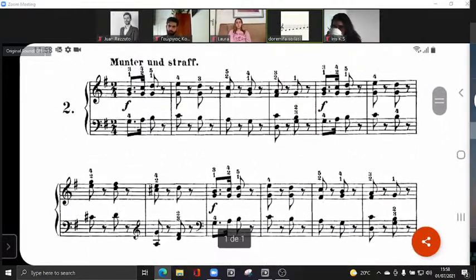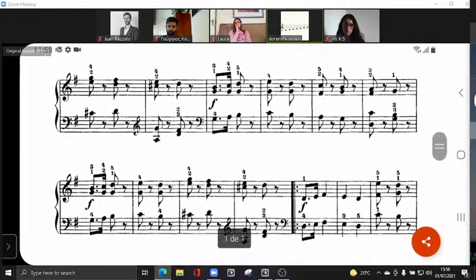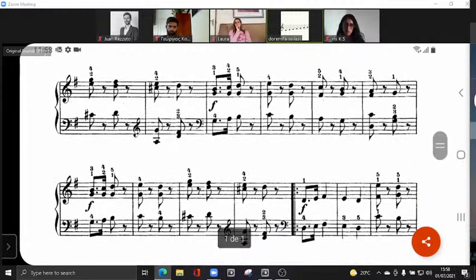Well, so we have one idea that is 8 measures long. And the next 8 measures are an exact repetition. So there is no change there.